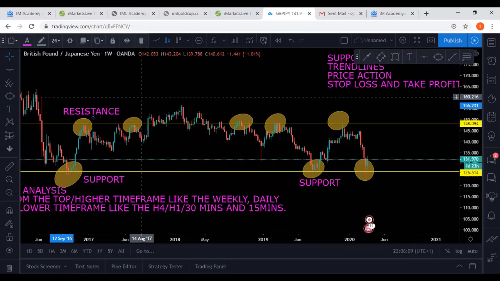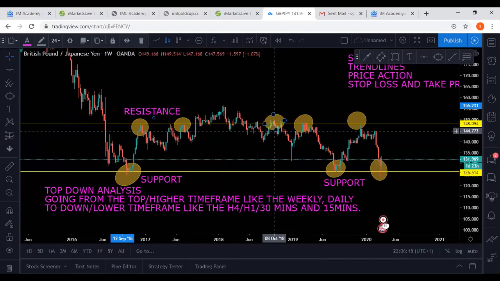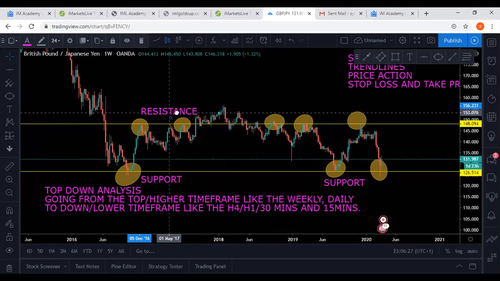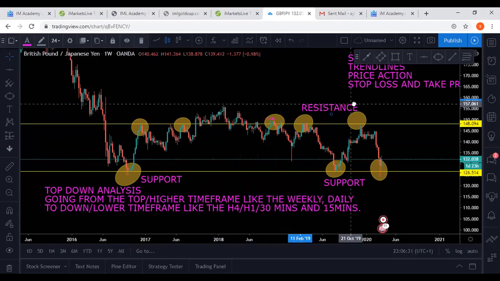Does this make sense to you guys? We're taking our time to really explain this stuff so that it just makes it simple. Awesome. So we can see resistance here, resistance here, resistance here, resistance here.